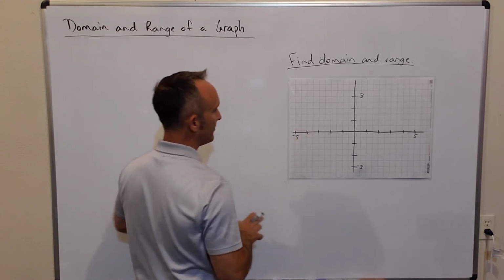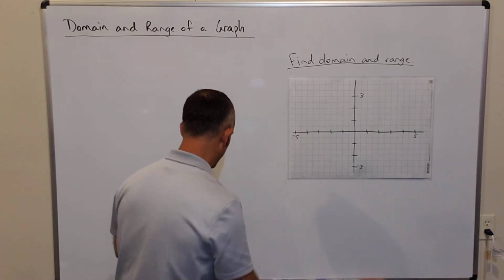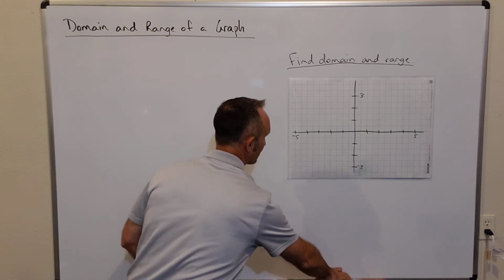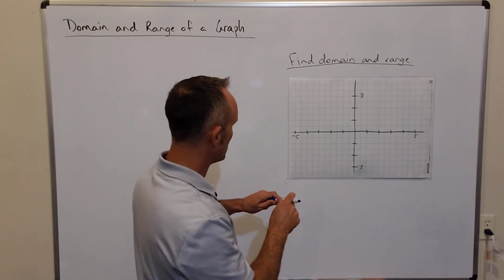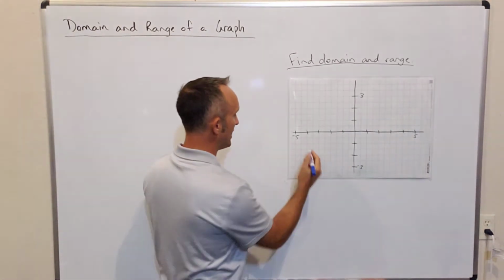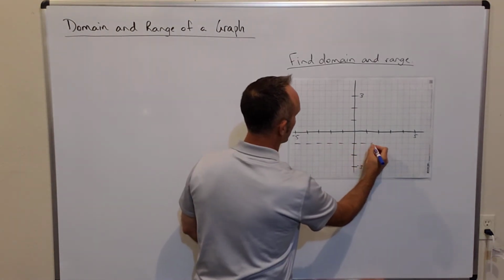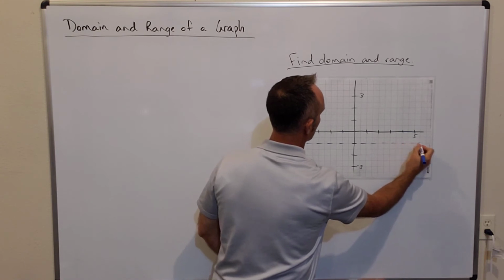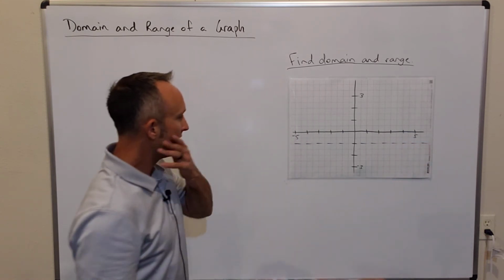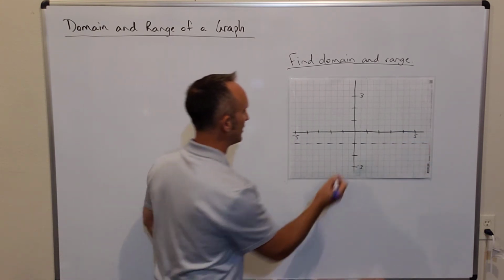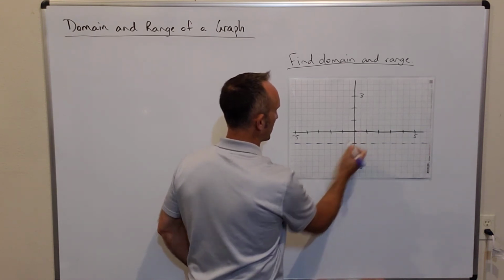Here's -5. And then let's say that our function this time has an asymptote, a horizontal asymptote at y equals -1. Okay, so we've got this asymptote, this boundary for our graph. And let's keep our graph simple. Let's say it goes through the origin, so you'll want to make sure to mark that.